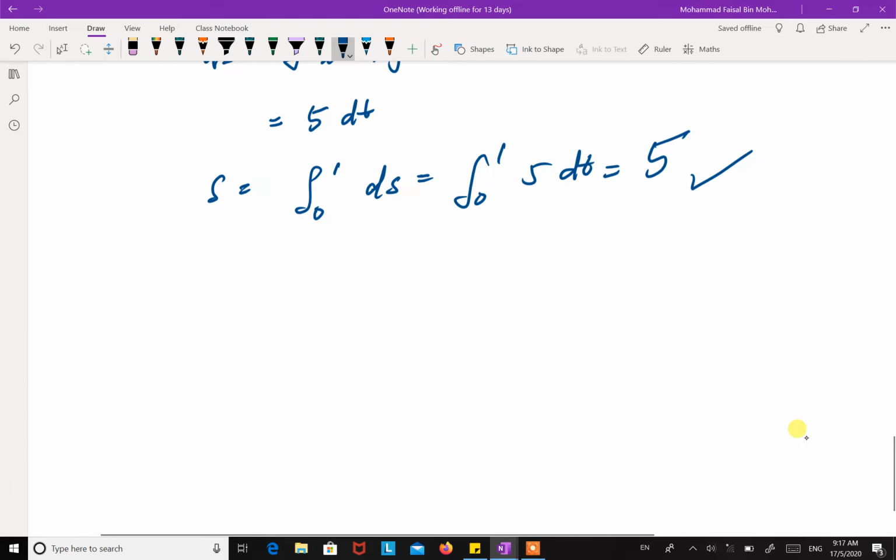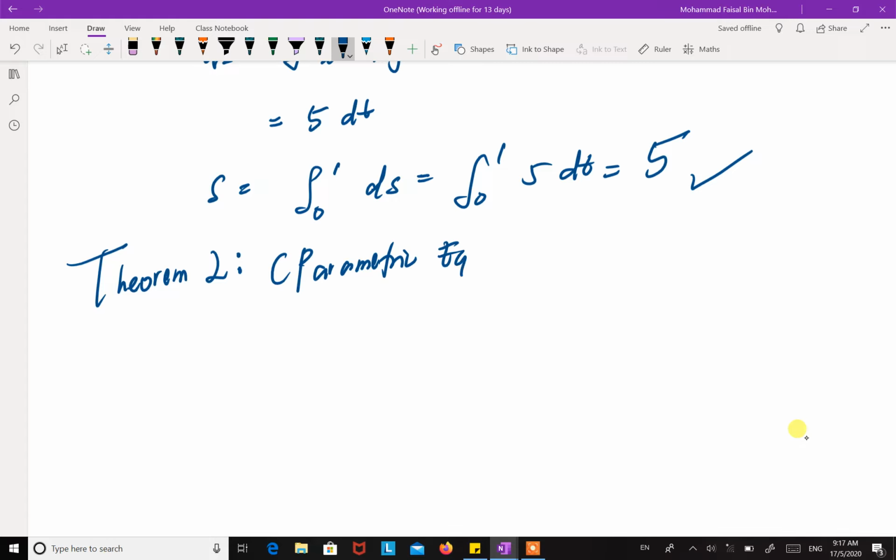Okay, next theorem. Theorem 2. Parametric equations for a line.